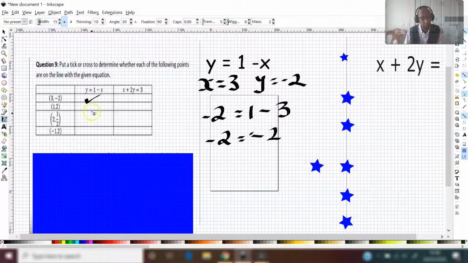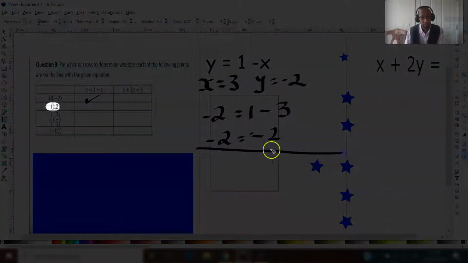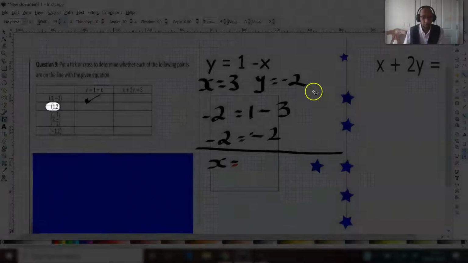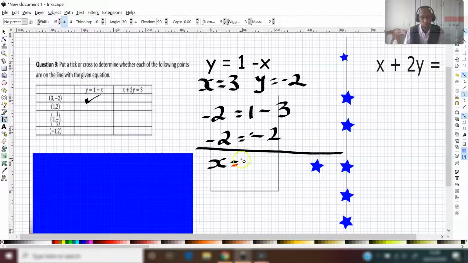You'll take your y values and do the same. So if we did the second one, x equals 1 and y equals 2. Let's plug those points in.